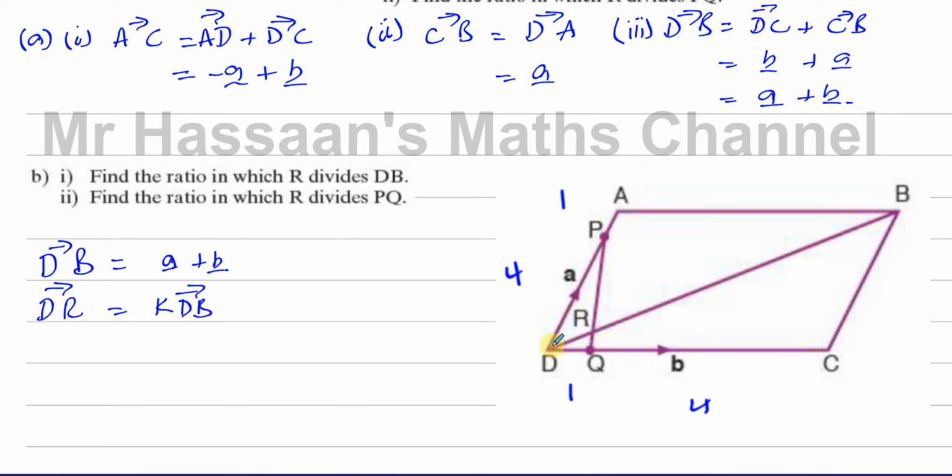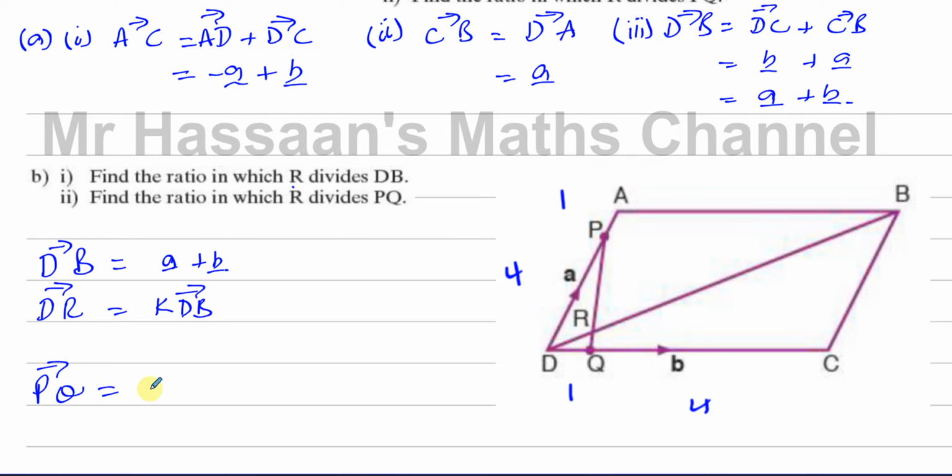So I've got something with D, R, and B in it, because I'm going to have to deal with those. I'm going to do the same thing now for PQ. We haven't got the answer for P to Q previously, but we can find it quite easily because we know these ratios. P to D is not all of A, it's part of A. In fact, it's 4 parts out of 5 of A in terms of its length, and it's in the opposite direction.